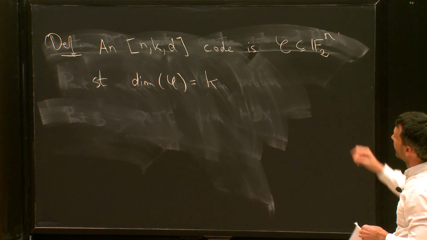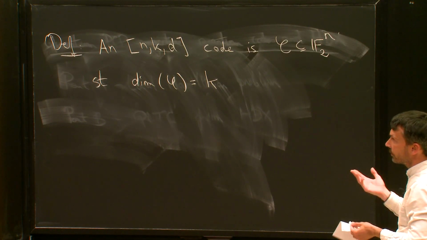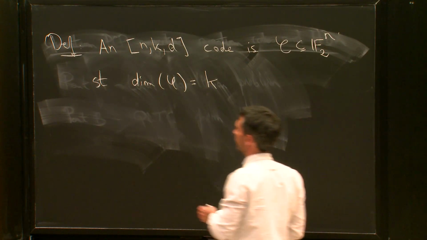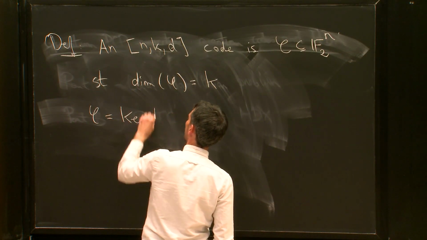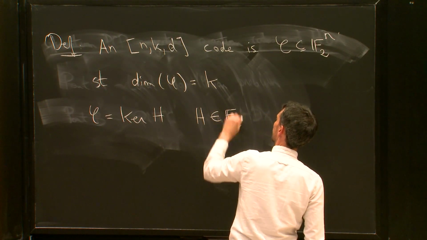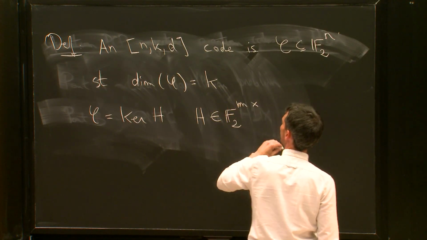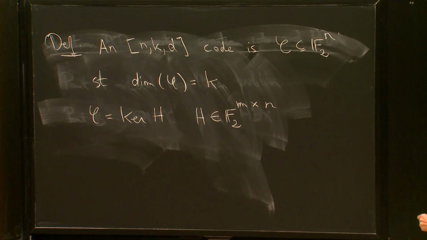So a general way to specify a subspace is as a kernel of a linear matrix. So in general, codes can be represented as the kernel of a matrix H. H is called the parity check matrix, so it's in F2 to the m times n, where m is the number of parity checks, and if the kernel of H has dimension k, then this kernel is an error correcting code that has parameters n, k, and some d that I will specify in a second.